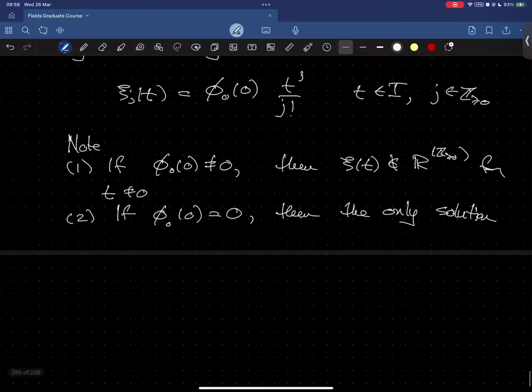So the only solution to IVP1 is C of t equals 0.